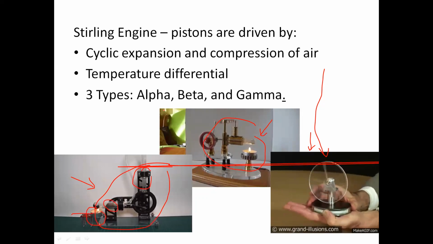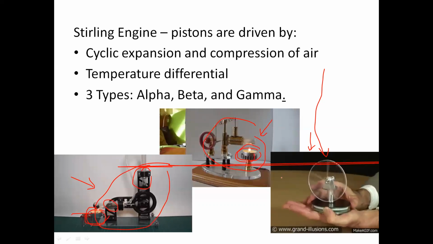So there's the expansion and compression of air, with an alternate. Same with the beta. Here in the beta, notice this is the heat source, and it pushes the piston, which also turns the wheel. You'll notice this is an external combustion engine because the heat source is outside the engine, unlike the internal combustion engine.